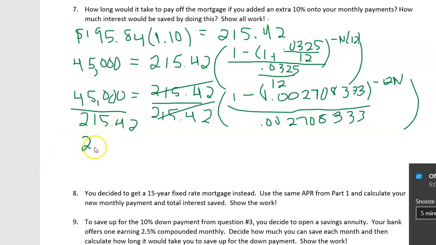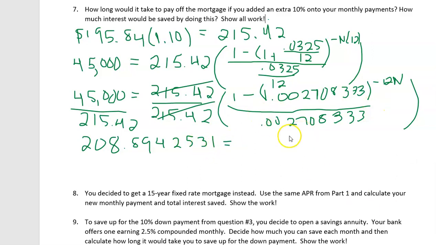And that is 208.8942531. And I no longer need the parentheses since there's nothing in front of it. So I'm just going to rewrite all this.